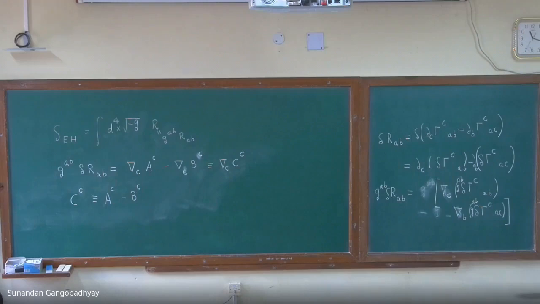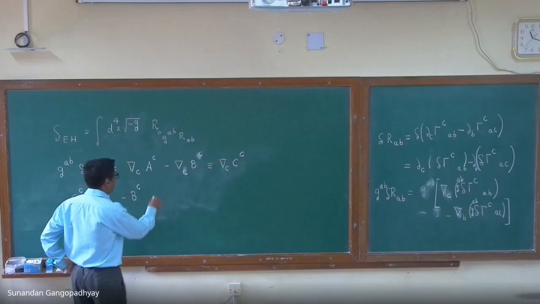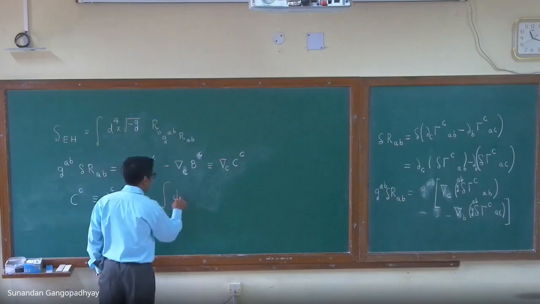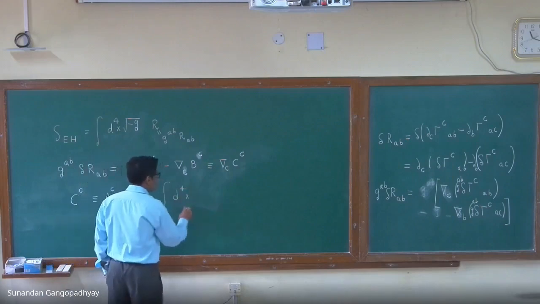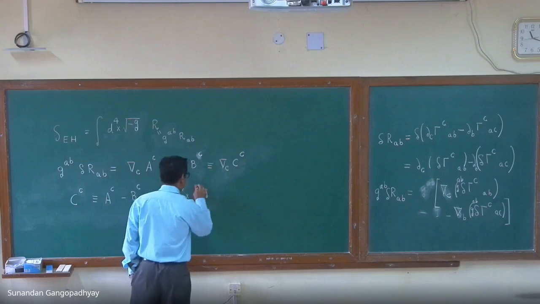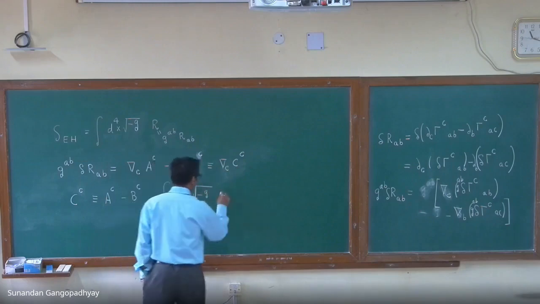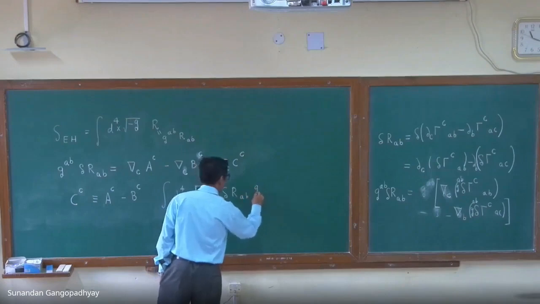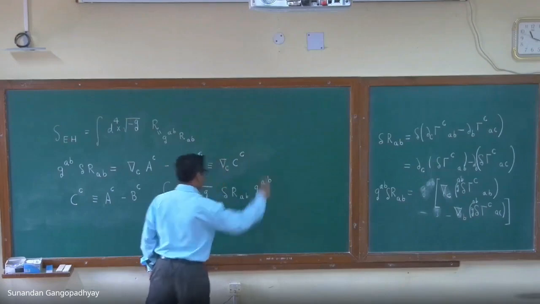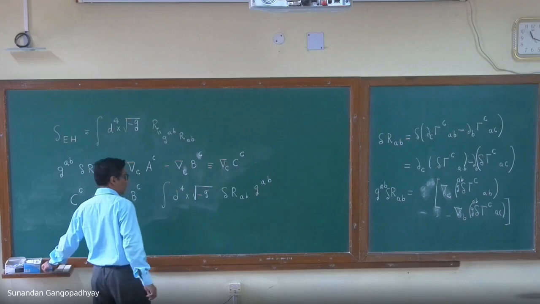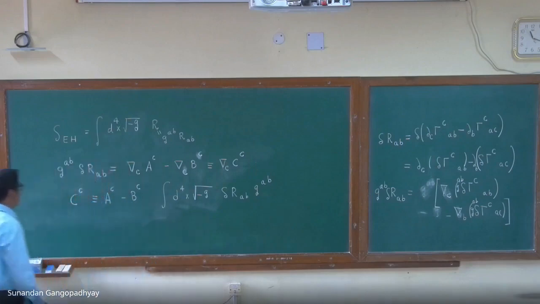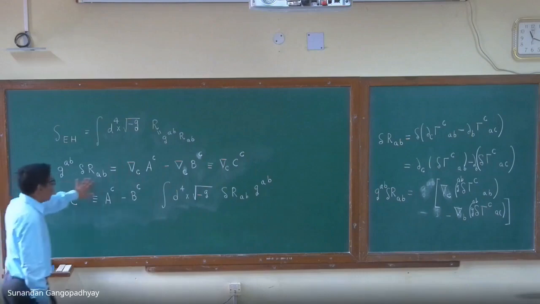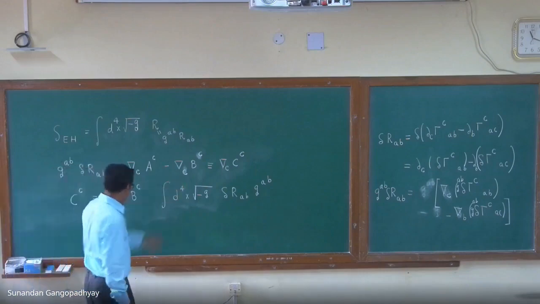So now what we need to calculate, therefore, is the following integral: d^4x square root of minus g, delta R AB, so delta R AB G AB, that is this thing.